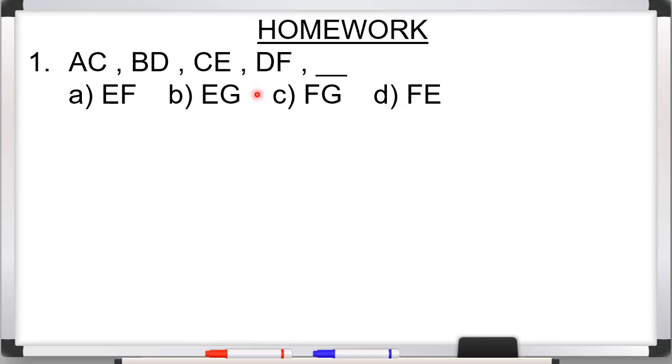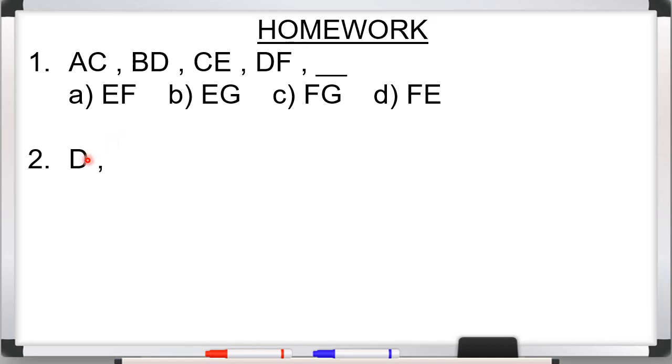Here alphabets series sequence is given. You have to find the missing term by understanding the pattern of series, and select the correct option out of these given four options.